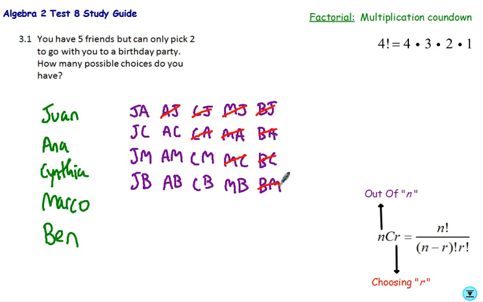So the only ones that are unique, the only ones that don't repeat, you see it's almost a triangle that emerges, would be these right here. So how many different ways could I come up with? There's 1, 2, 3, 4, 5, 6, 7, 8, 9, 10. So there's a total of 10 different possibilities.